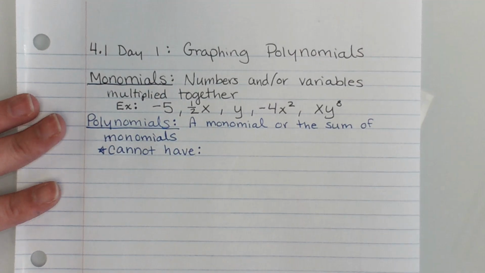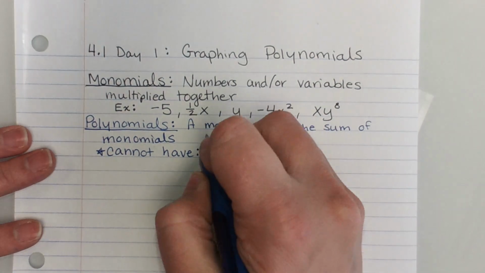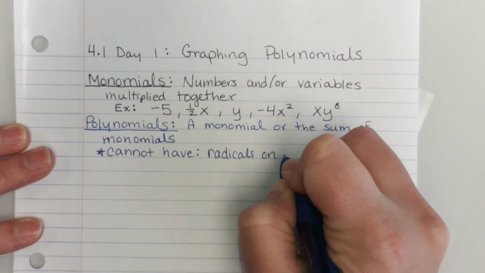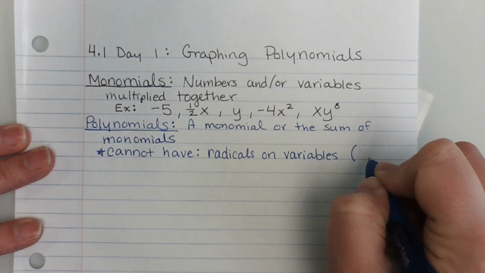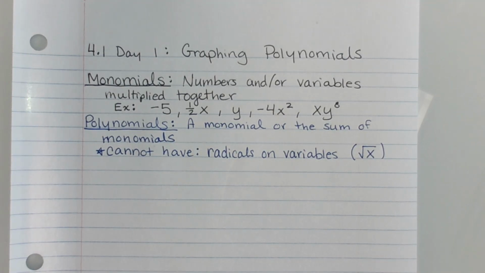There are key things that polynomials cannot have, and if they have them, they're not technically a polynomial. Radicals on variables. Radicals are roots, like square roots. If I have a square root of a variable, a square root of x, automatically not a polynomial. Square root of a number would be perfectly fine, because the square root of a number is just a number.